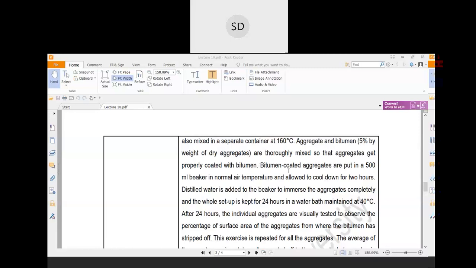are thoroughly mixed so that aggregates get properly coated with the bitumen. Now, bitumen coated aggregates are put in a 500 milliliter beaker at normal air temperature and allowed to cool down for 2 hours. After coating, you put the aggregates in a normal container at room temperature so that they cool down and harden.